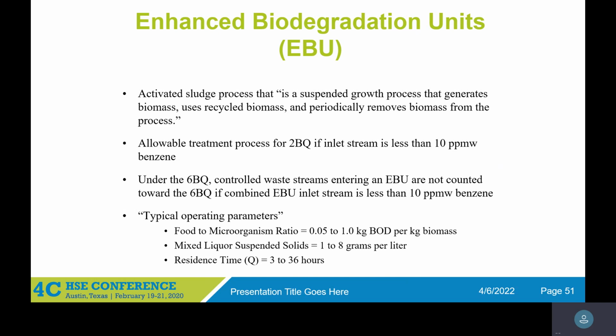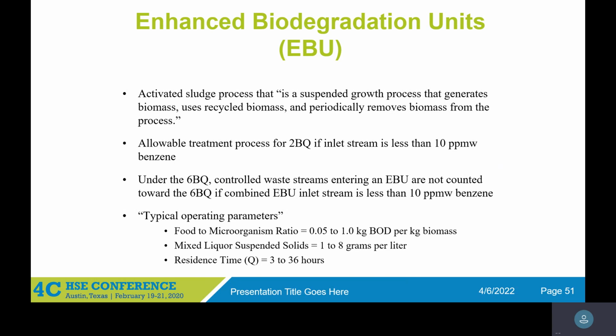Just like I was telling you, the enhanced biodegradation unit is the activated sludge process. It's a suspended growth process that generates biomass, uses recycled biomass, and periodically removes biomass from the process. So, more easily translated, the bugs eat the benzene, right? For the allowable treatment process for 2BQ, the inlet is less than 10 ppm.